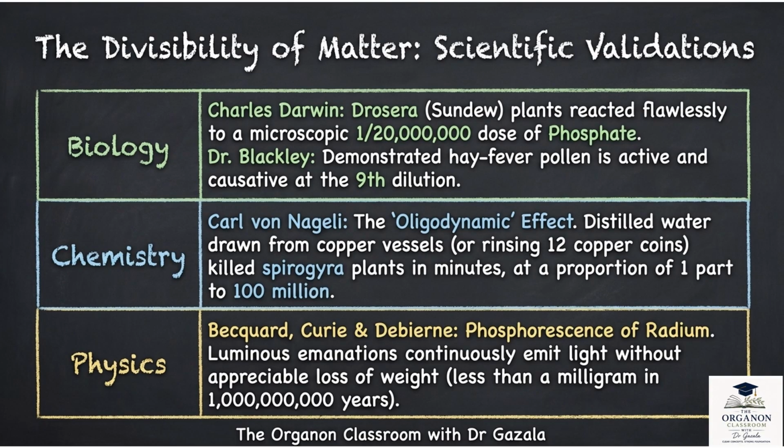But Hughes here is using them to raise an important conceptual point. The smallness of a quantity does not by itself prove that an effect is impossible. And that takes us deeper into the historical debate surrounding the infinitesimal dose.